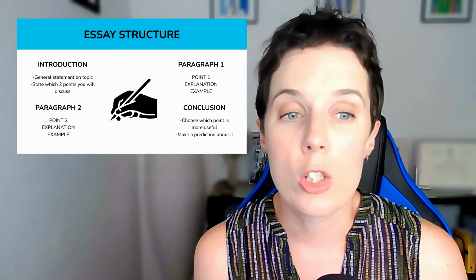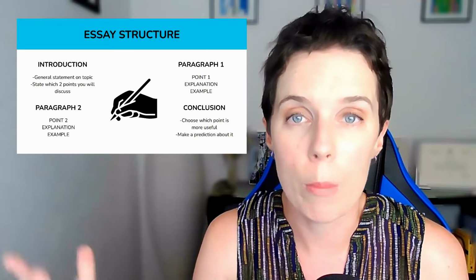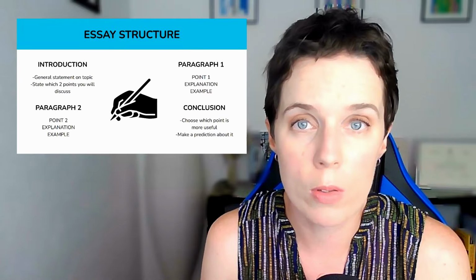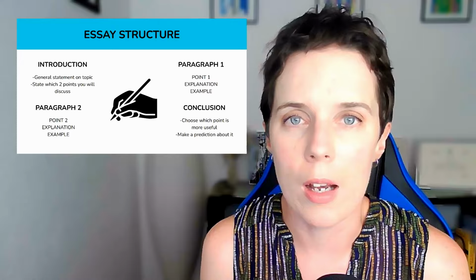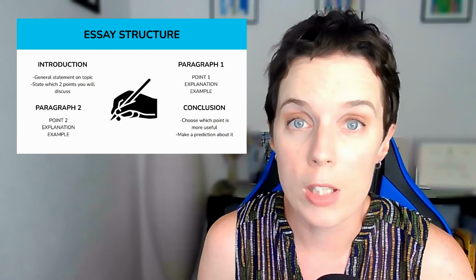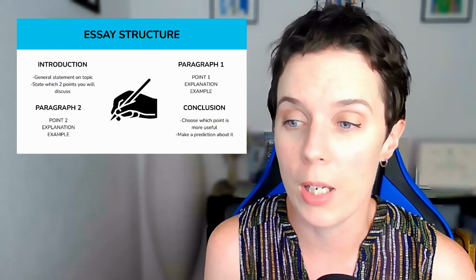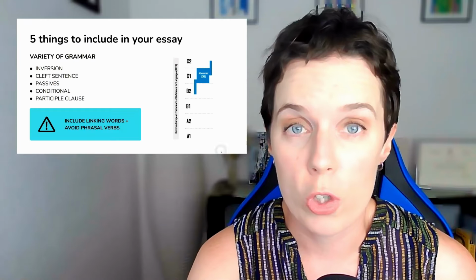And I like to make a prediction at the end as well, like what would happen if this point were to be taken into account. Okay, what implications would it have? That's just an easy way to get a conditional sentence into your essay right at the end. Okay, I'm going to show you how to do this in a second when I write my essay. Right, that's your basic essay structure, super quick.